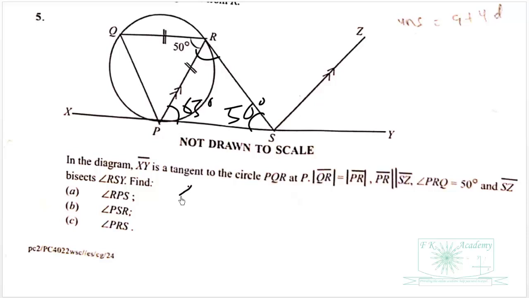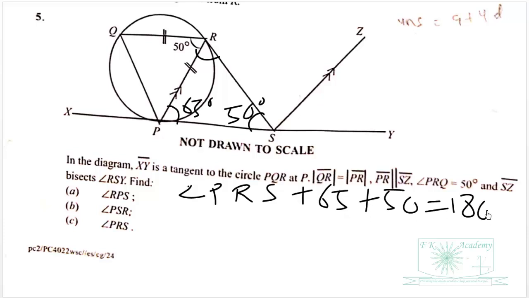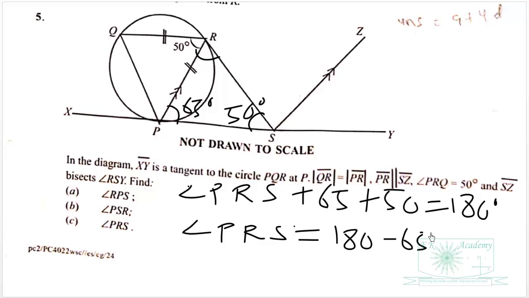So angle PRS plus 65 plus 50 is equal to 180 degrees. So angle PRS will be equal to 180 minus 65 minus 50, which will give us 65 degrees.